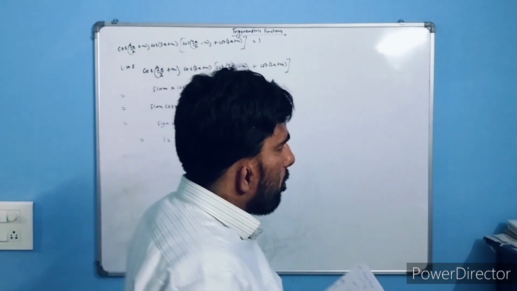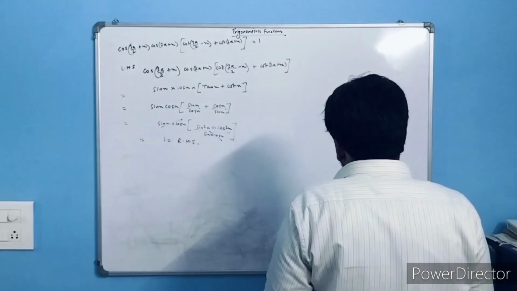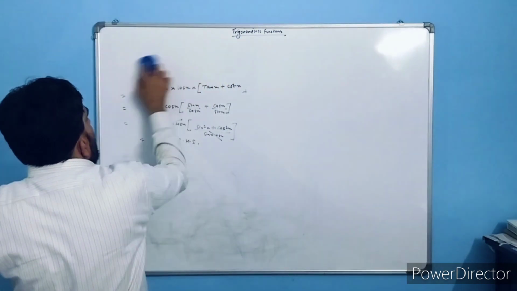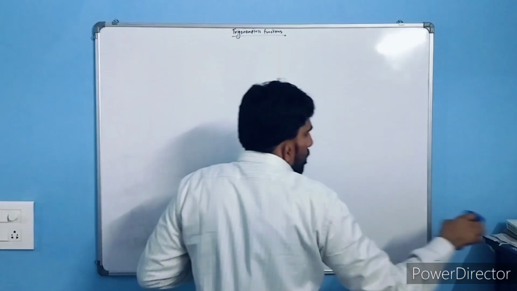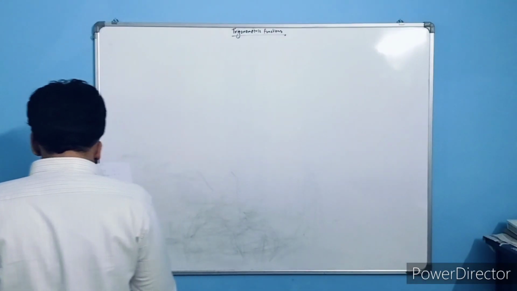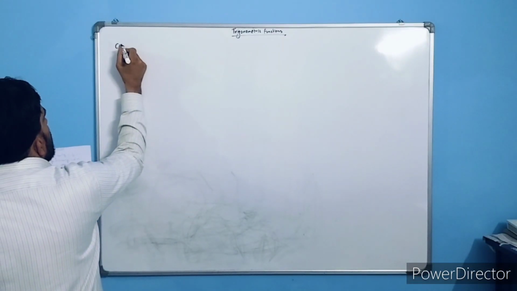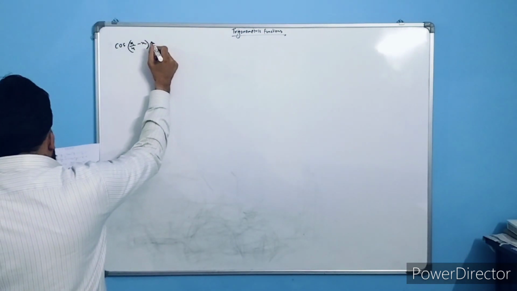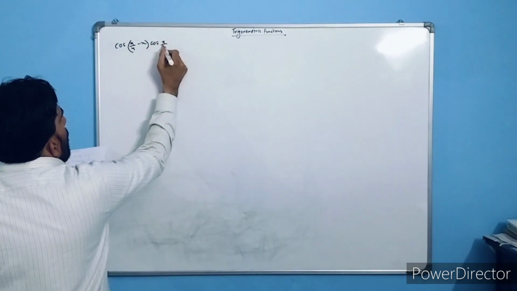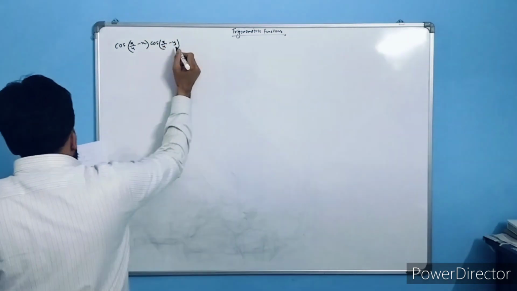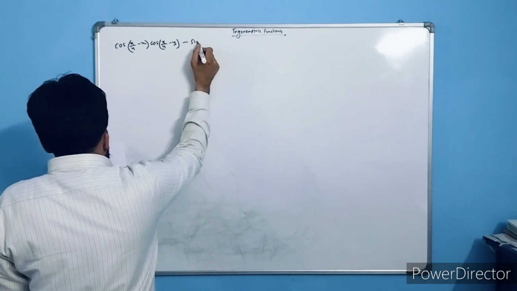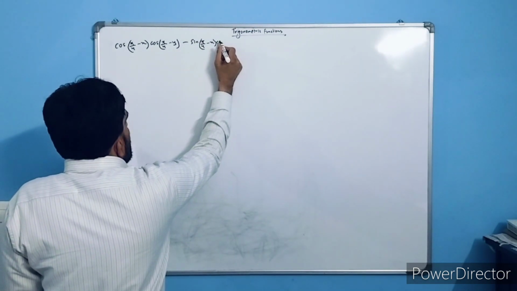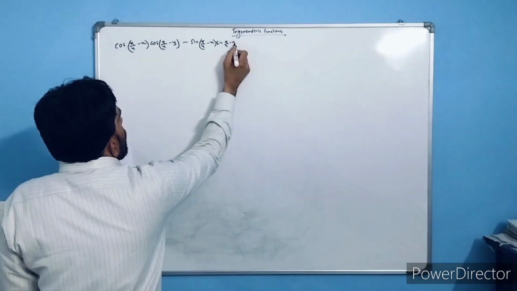Now let us solve next numerical. We have now, it is given that cos (pi by 4 minus x) cos (pi by 4 minus y) minus sin (pi by 4 minus x) sin (pi by 4 minus y).